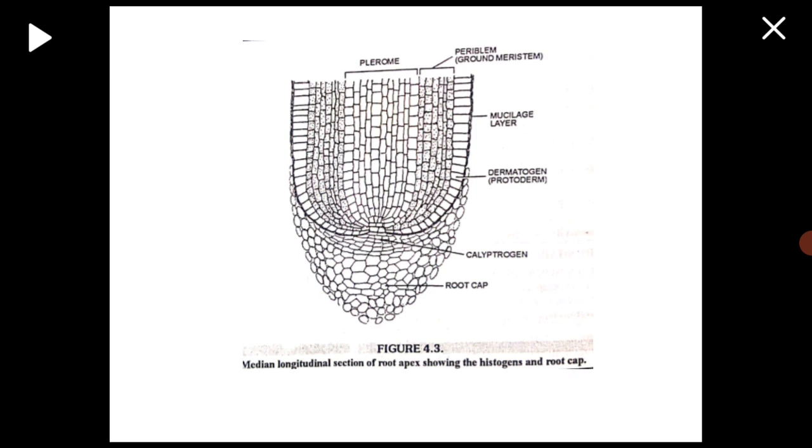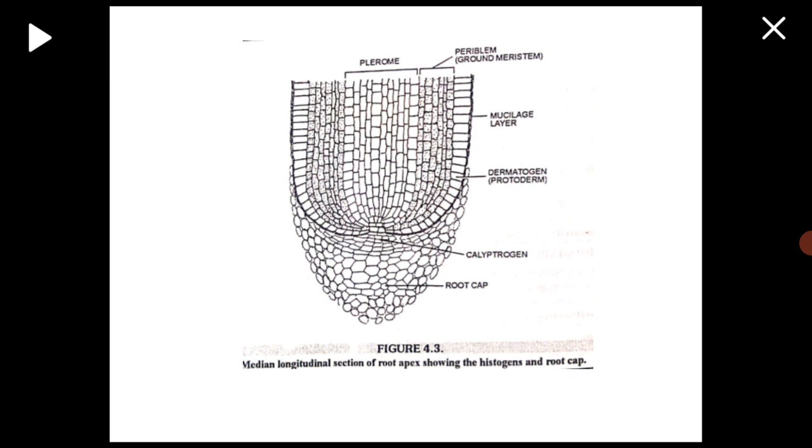In many gymnosperms, there are two sets of initials, the outer periblem and the inner plerome. This is the plerome, or this is the periblem. The periblem gives rise to cap and all the tissues outside the vascular cylinder, whereas the plerome gives rise to vascular cylinder.